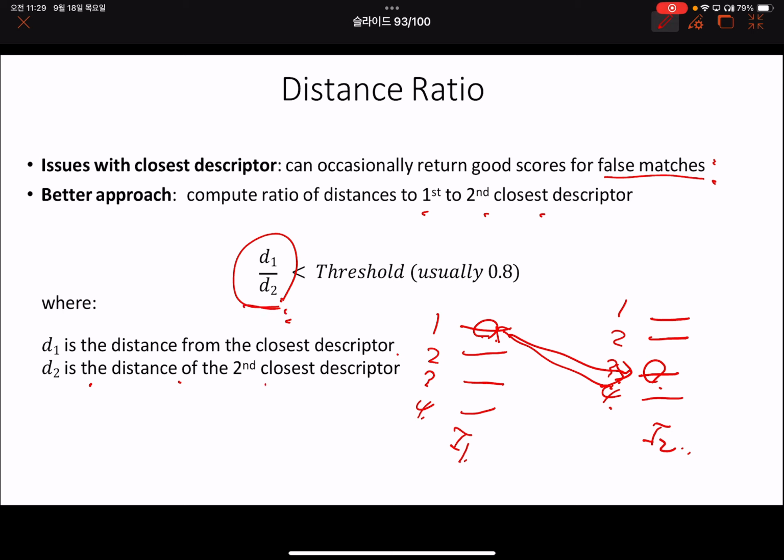That means we additionally consider the second closest descriptor when we find the correspondence between different sets of points. If D1 divided by D2 is smaller than a threshold, usually 0.8, then we say this is a good correspondence between this point and the closest descriptor.